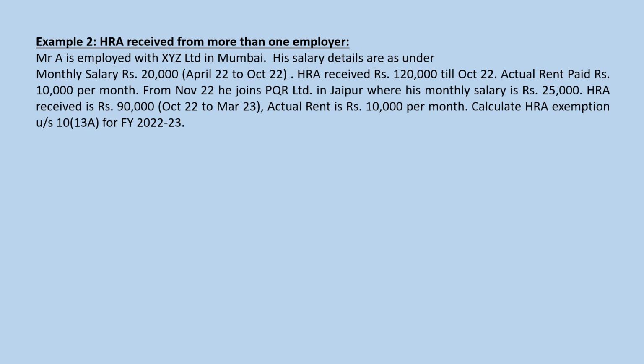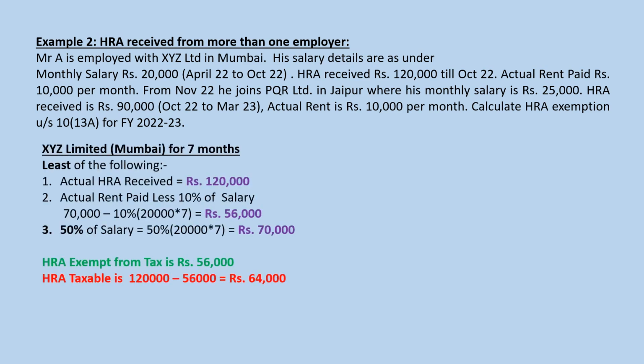Actual rent paid is rupees 10,000 per month. From November 22, he joins PQR Limited in Jaipur, where his monthly salary is rupees 25,000. The HRA received is rupees 90,000 from October to March. Now you have to calculate the HRA exempt under Section 10(13)(a) for the financial year 22-23.